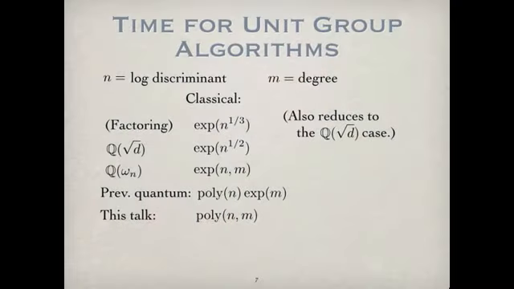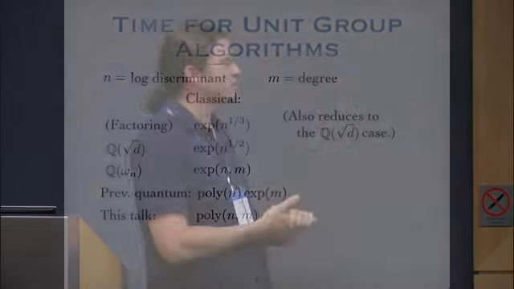Okay, so here are some running times for unit group algorithms. Now, factoring is not an example of this, but just to compare the running time, the best factoring algorithm is something like e to the n to the 1/3. You can also reduce it to computing the unit group in Q adjoin square root d if you want to have a slower algorithm. But the best classical algorithm for Q adjoin square root d is something like e to the n to the 1/2.